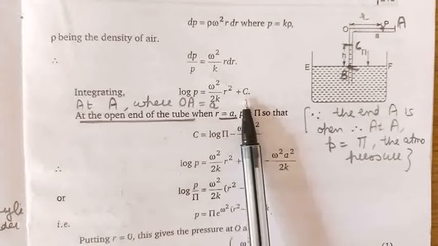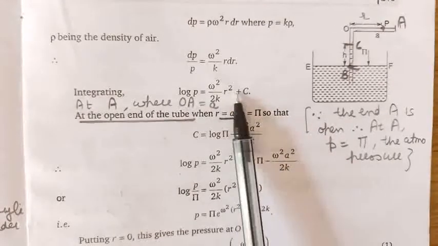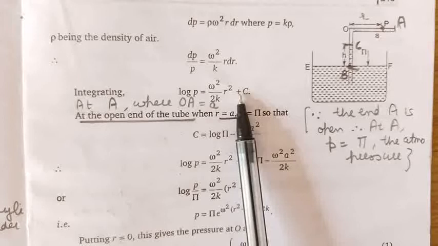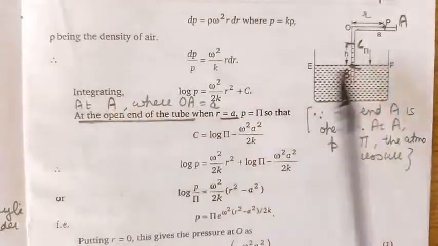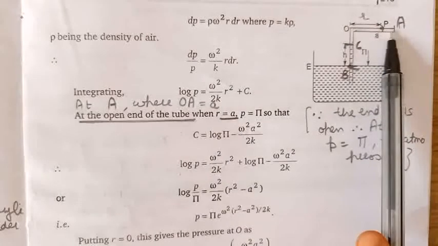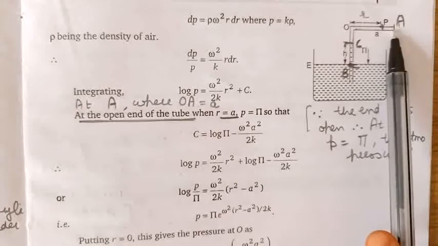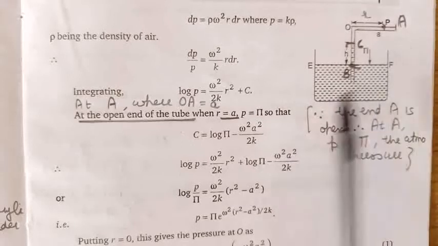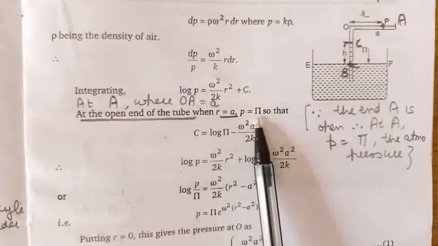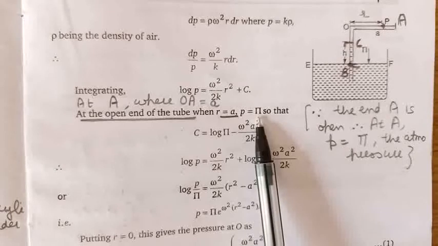Now, to eliminate this C from this equation, because we are given that at the point A, means where the value of OA is equal to a, and here because at this end A is open, the pressure will be same as the atmospheric pressure. So the value of P is same as pi. Pi means atmospheric pressure.